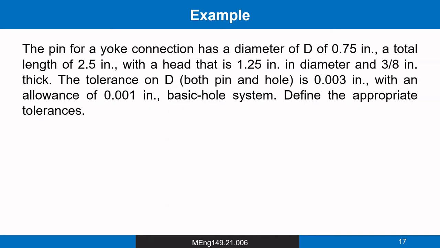Now is that we are given a pin nga na diameter of 0.75. Then na tolerance of 0.003 nga nasa allowance of 0.001.